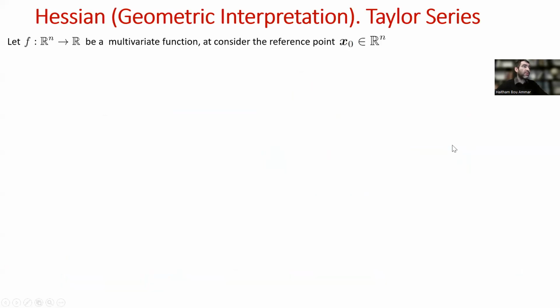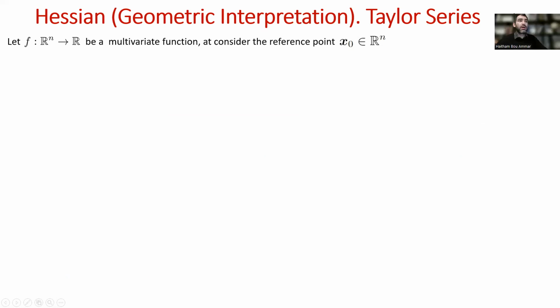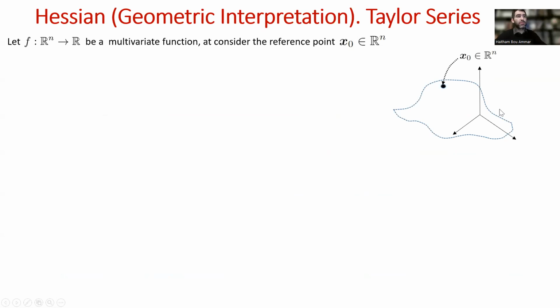Now, previously, we also discussed the geometric interpretation of the gradient. If you remember, we constructed the tangent lines. So let us quickly recall that. Assume that we have some function in n-dimensional Euclidean space. Here, the n-dimensional Euclidean space is illustrated by these two axes, and the value of the function is the corresponding value here.